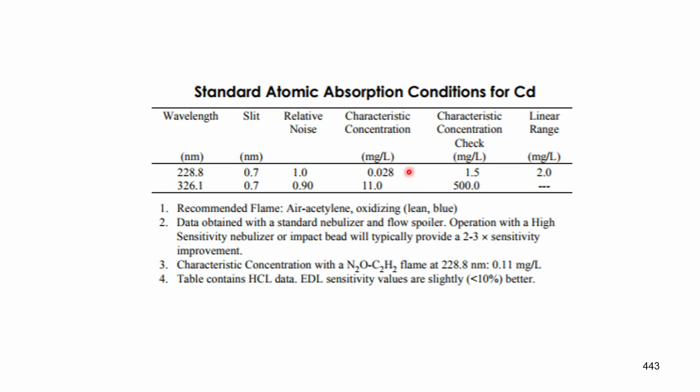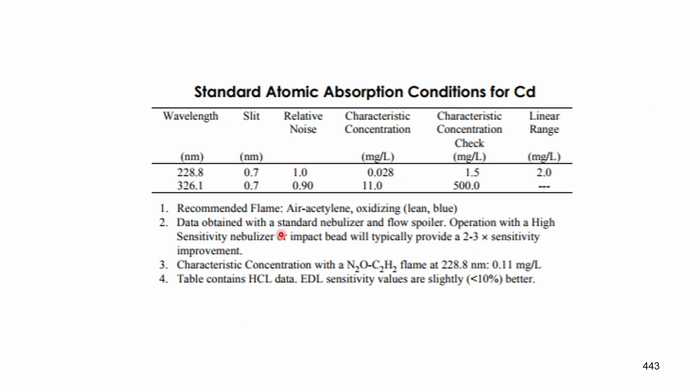So, you do not really need graphite furnace or something for the detection of cadmium. The 326.1 line is not so sensitive, and the characteristic concentration should be about 500 ppm. So, it is not very nice, but other things will remain the same.